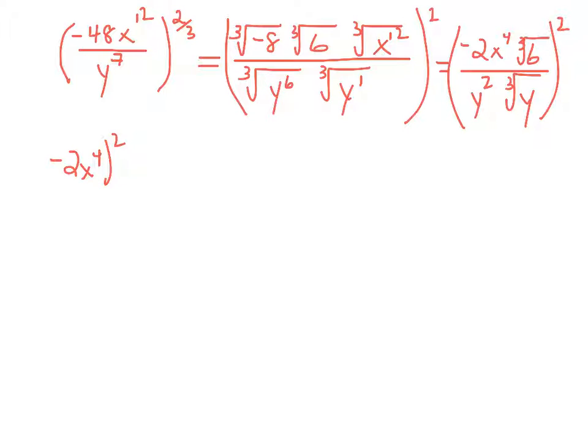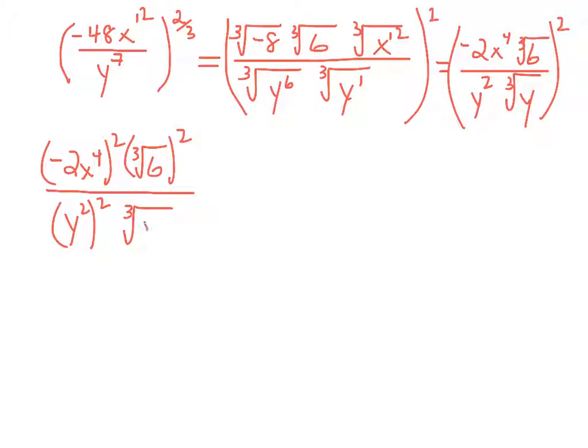I'll square that, and then I'm going to square the cube root of 6 as well. I'm going to do the same thing on the bottom. So I'm going to square y squared, and then I'm going to square the cube root of y.